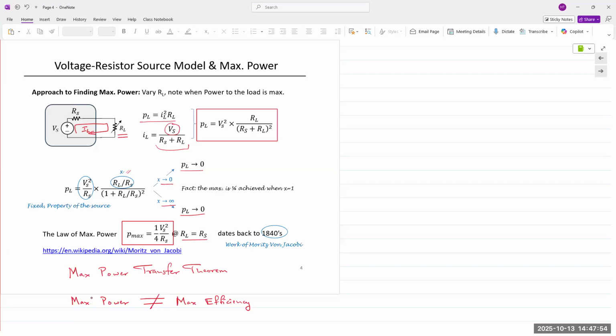Obviously, it's going to use up a lot of the energy, right? Every time electrical energy is used for any purpose, there's a conversion that takes place. Conversion always results in loss of that energy.